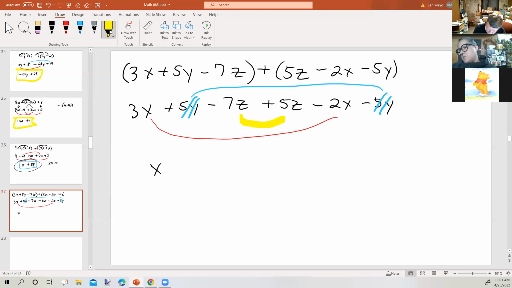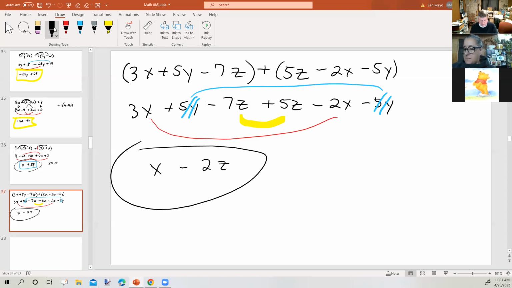And then minus 7z plus 5z would be minus 2z. So x minus 2z would be the final answer. Okay. Any questions? Doing all right?